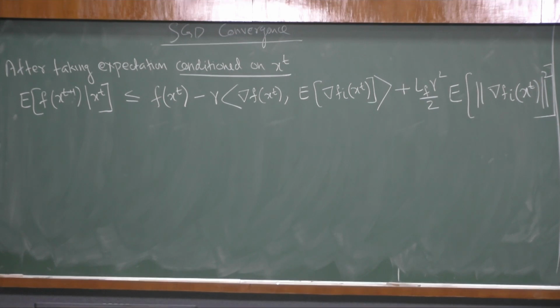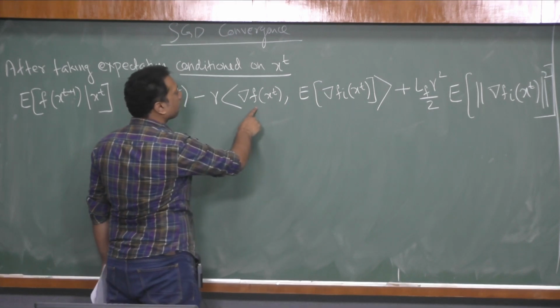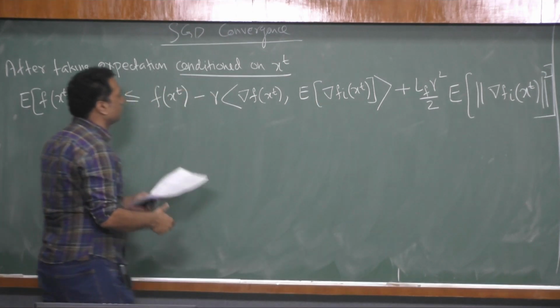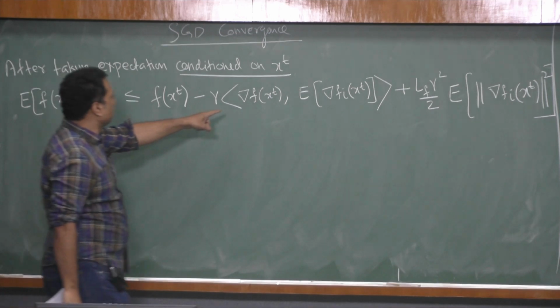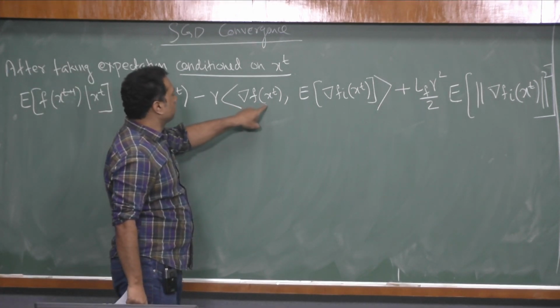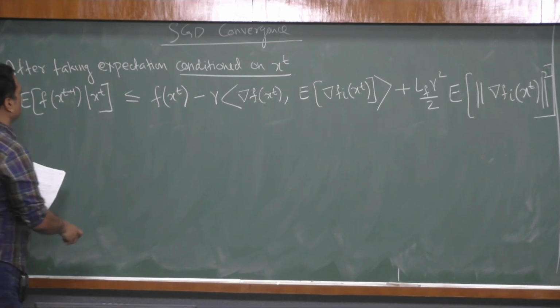And then we are supposed to do variance transfer. As I said, this becomes this, because expectation of grad f_i is nothing but gradient of f at x_t. I have proved this in the last class as well. So this becomes the norm of grad f(x_t) squared.